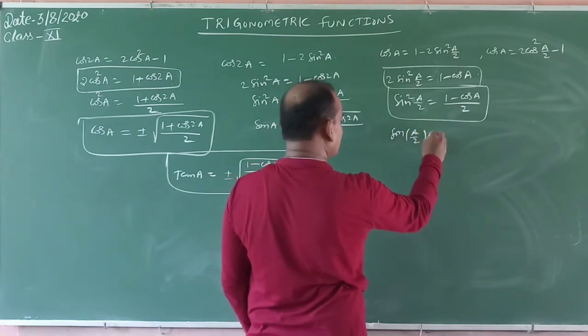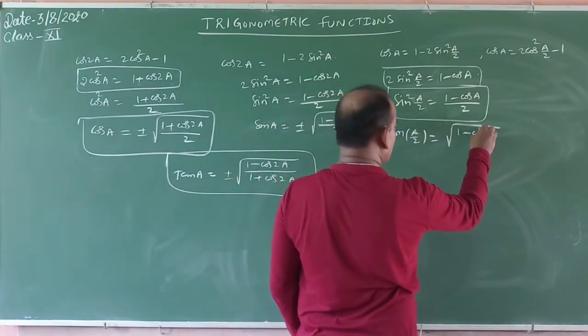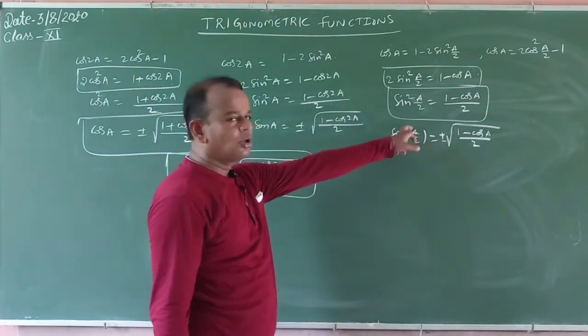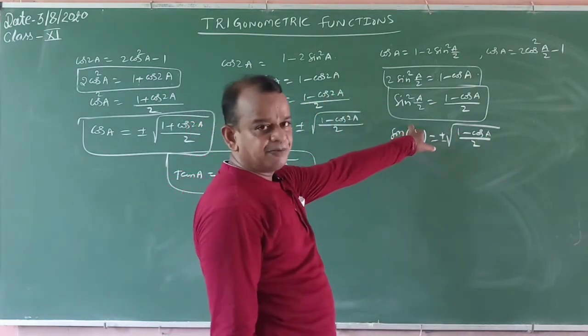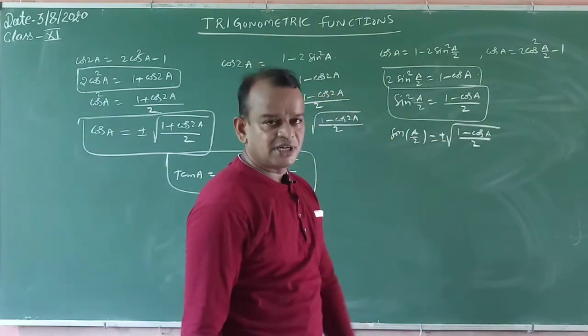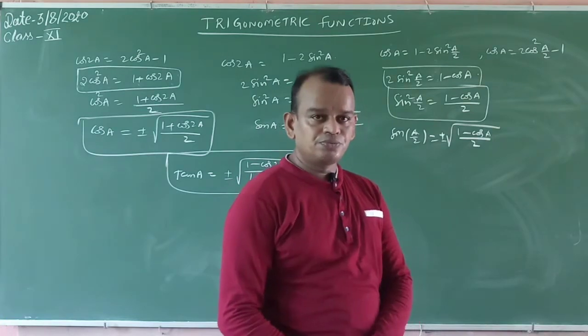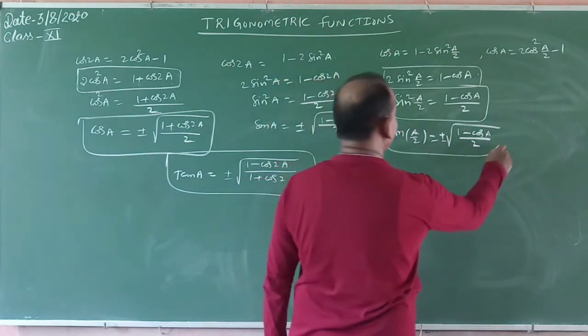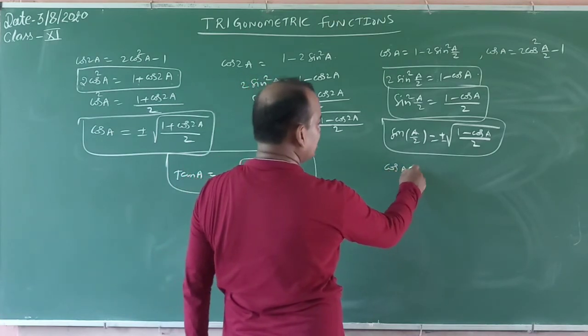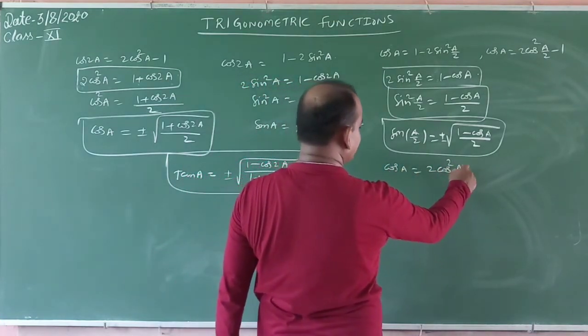Next, sin a by 2 is equal to plus or minus root over 1 minus cos a by 2. Why plus or minus? It depends on which coordinate a by 2 lies in. Sin is positive in the first and second coordinate, and in the third and fourth it is negative. Okay, this is the formula. Now cos a is equal to 2 cos square a by 2 minus 1.